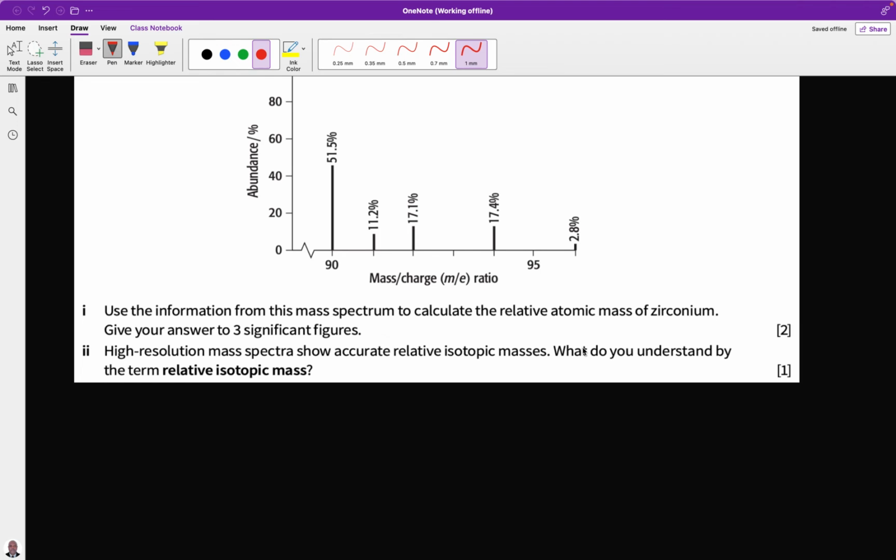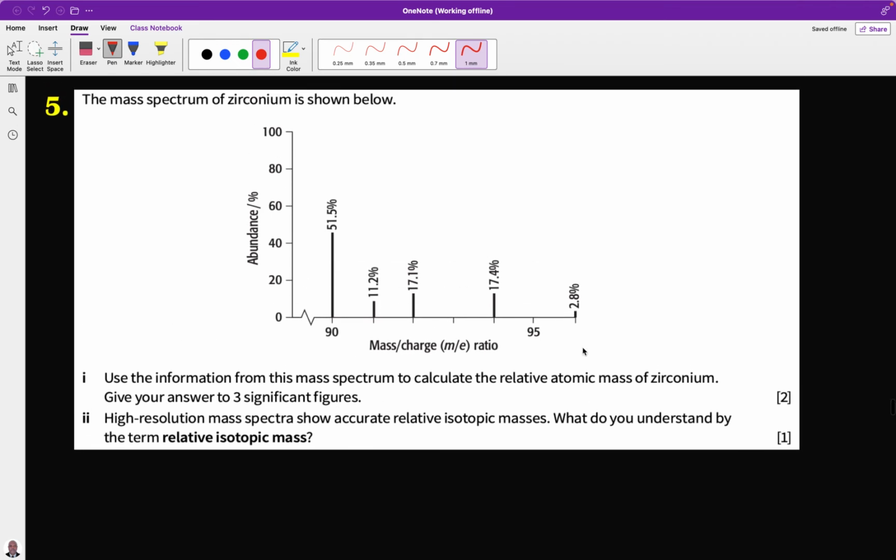I told you that to calculate the relative atomic mass of any element, what you need to do is multiply the percentage abundance times the atomic mass unit.